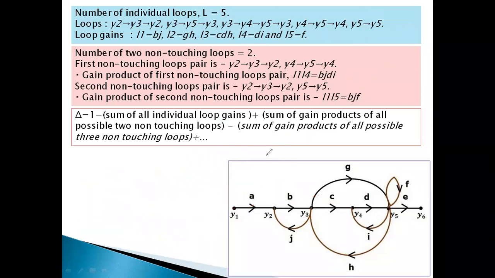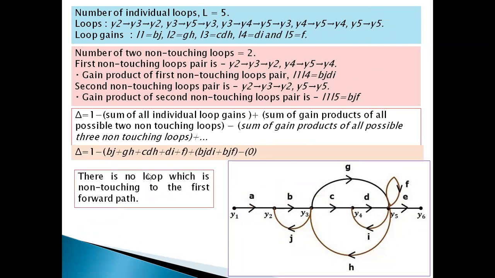Okay, so now if we substitute, directly we will get delta. Next, how to find delta 1 and delta 2? This is the determinant of the entire graph. Now the determinant of the first forward path, and the determinant of the second forward path. So how to calculate delta 1?